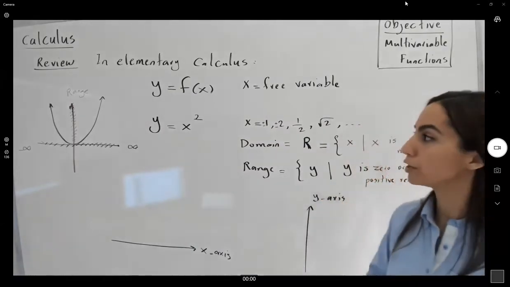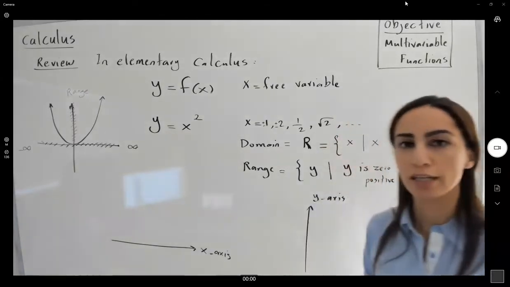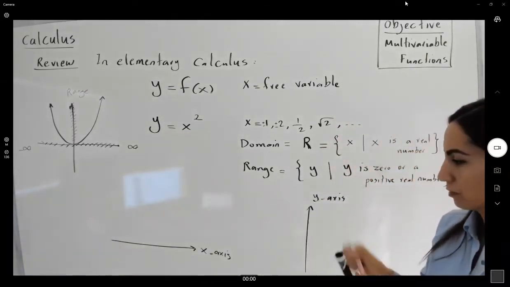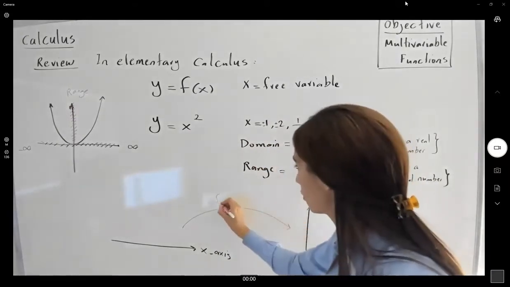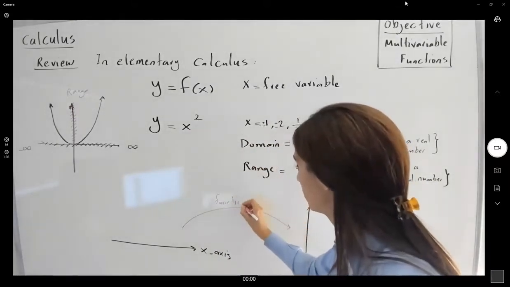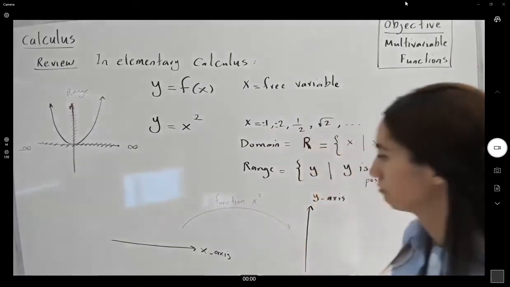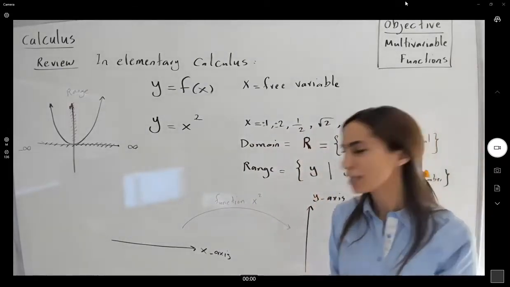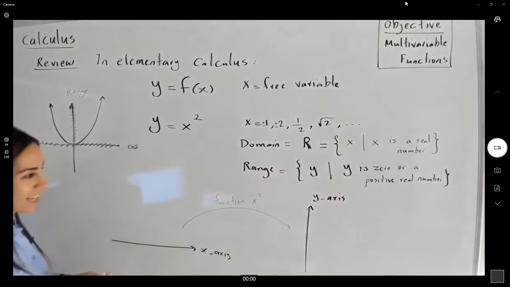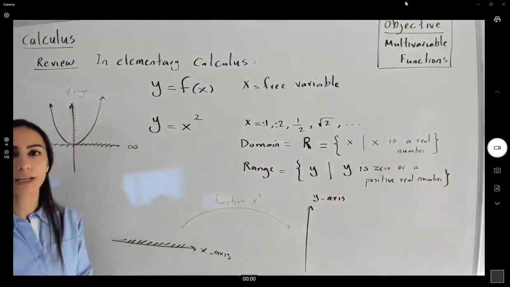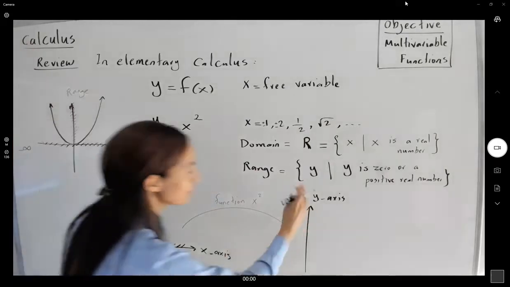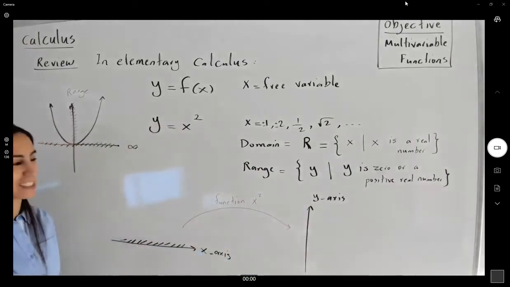By what? By using this function x squared. This function, this machine, takes values on the x-axis, makes some changes, squares them, and gives you some numbers on the y-axis.